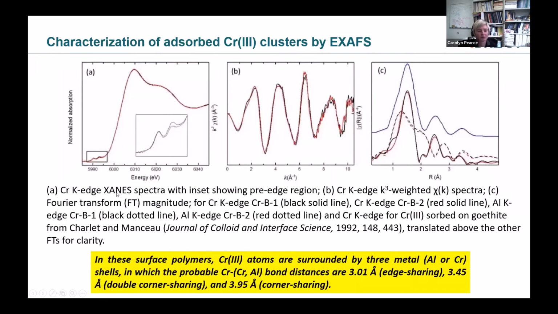So we took those samples to the Advanced Photon Source and did chromium K-edge EXAFS, and we were able to compare the Fourier transform with previous work by Charlet and Manceau for chromium sorbed onto goethite, and really be able to propose the structure of these clusters and how they're interacting with the aluminium in terms of corner sharing versus edge sharing interactions based on the bond lengths.